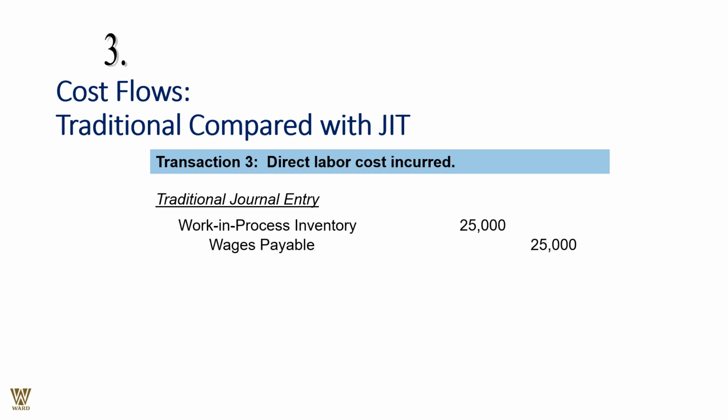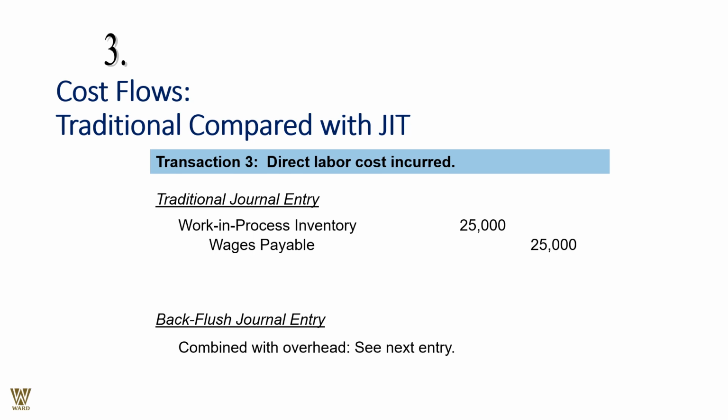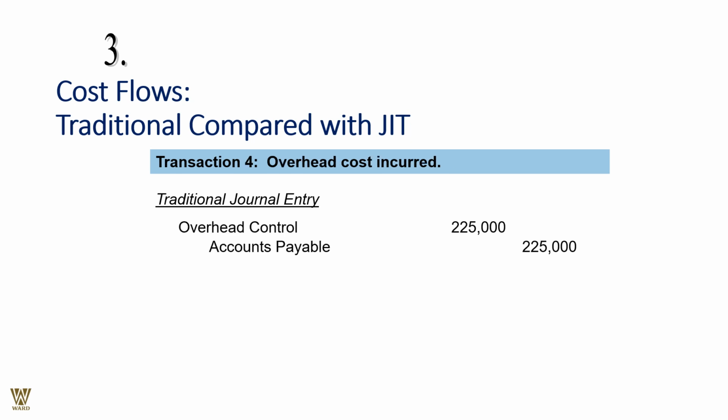Let us go into the traditional entry. Let's say work in progress is $25,000 and wages payable is also $25,000, absolutely in the credit and debit system. But in the backflush entry, everything is amalgamated into your overhead cost. See, overhead control is $225,000, and accounts payable is also $225,000.